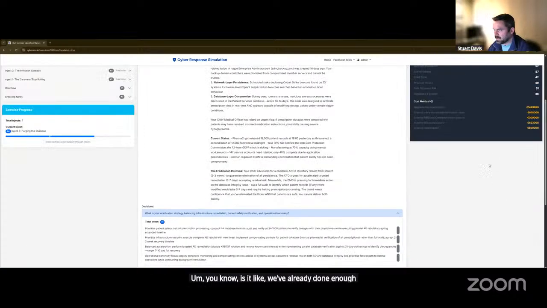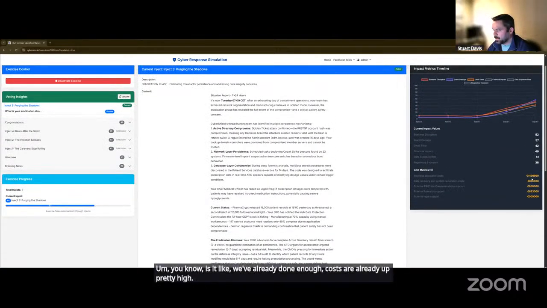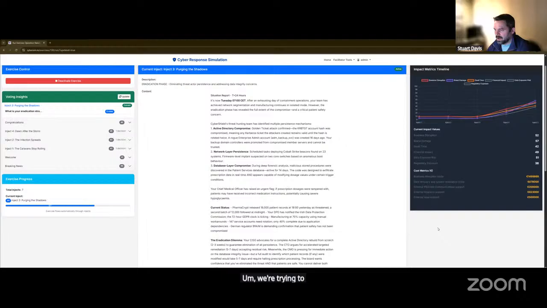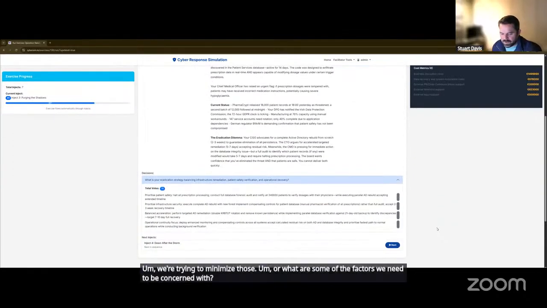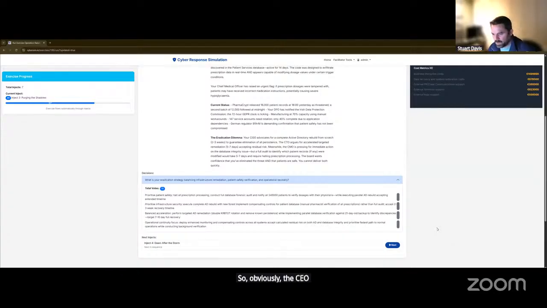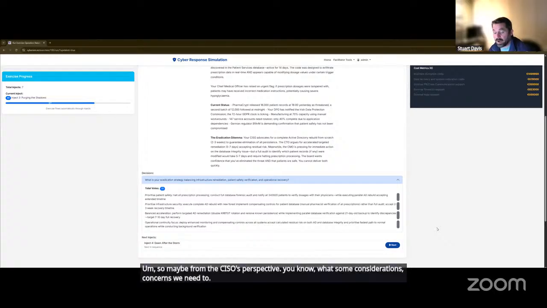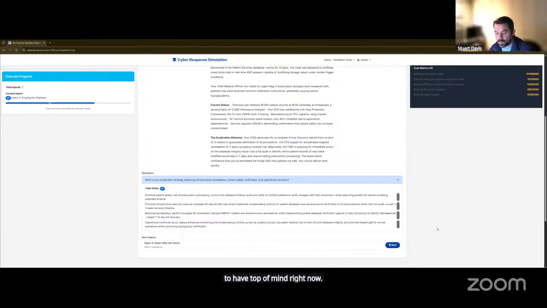Costs are already up pretty high. We're trying to minimize those, so what are some of the factors we need to be concerned with? The CEO has told us we don't want anyone to die. So from the CISO's perspective, what considerations and concerns do we need to have top of mind right now when we're kicking the bad guy out?